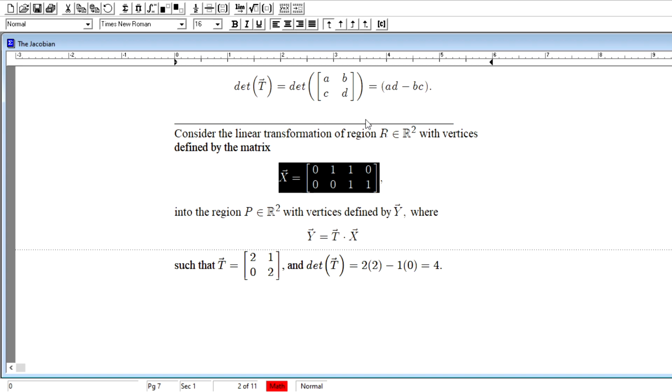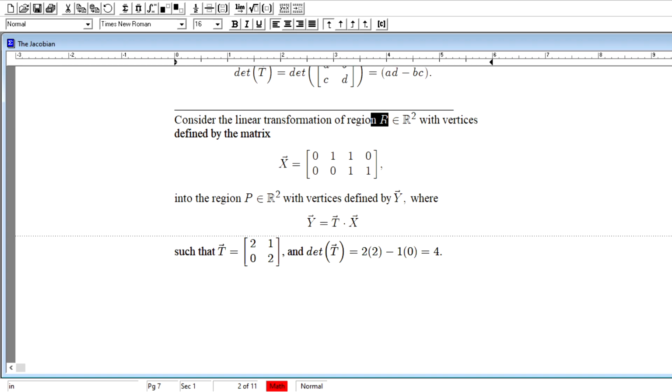Suppose region R is a region of space where this defines the vertices of region R, and we're going to transform this into a region we're going to call region P, with vertices defined by Y bar, where Y bar is going to come from taking some linear transformation of X bar's vertices, or region R's vertices.